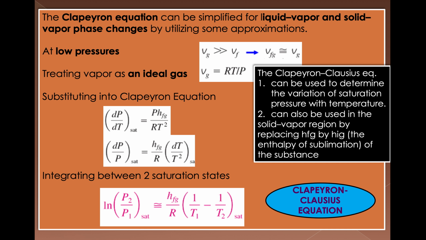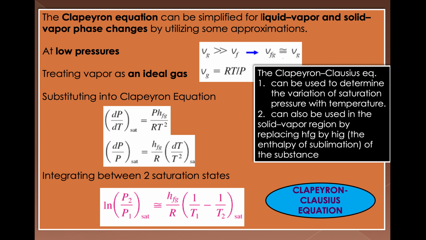At low pressure, we can treat the vapor as an ideal gas, v = RT/P, and substituting into the Clapeyron equation, we get the final equation: ln(P2/P1) saturated equals (h/R)(1/T1 - 1/T2).